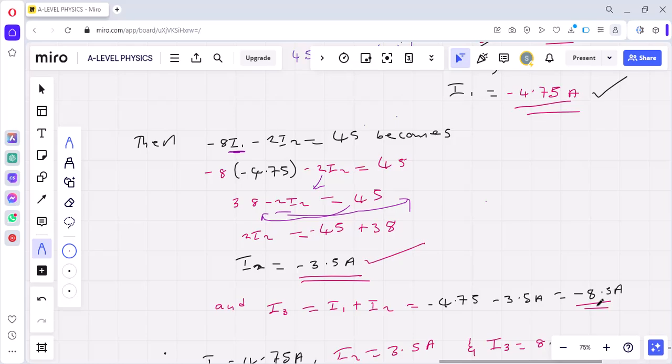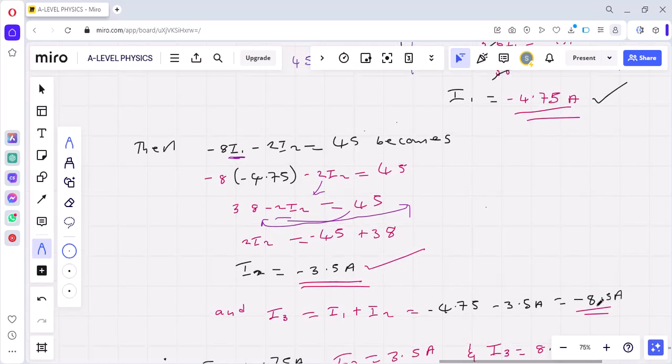You can see that from the question, I changed the direction. I just created my own loops, and I chose new directions, different from the directions given in the question.